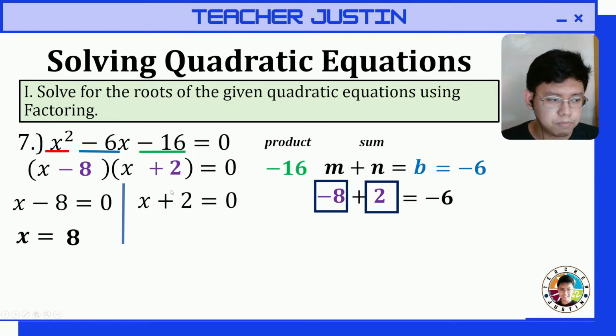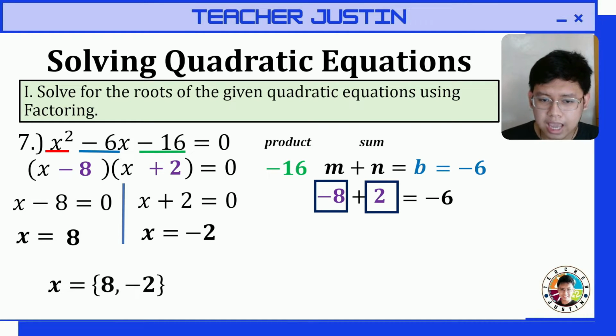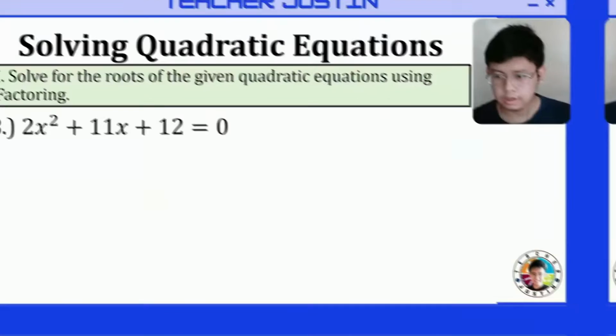So, lipat natin si positive 2 sa kabila. That will give us x. Yung positive 2, change the sign. That will give us negative 2. Now that we have the two values of x, okay, sulat natin sa final answer natin. X is equal to 8 and negative 2. And that's it. Tara!